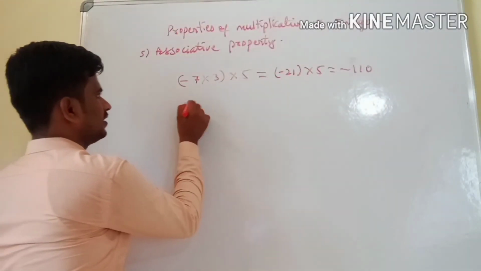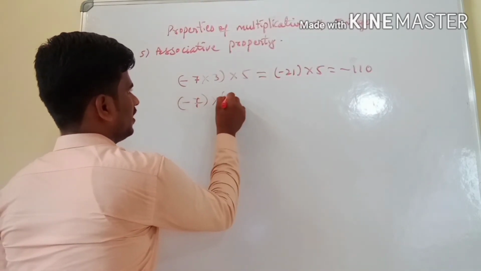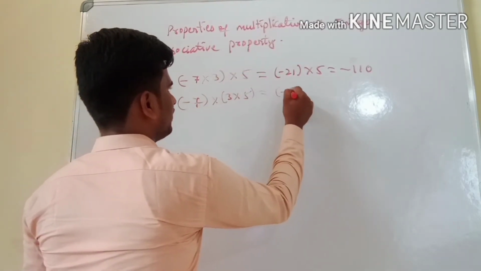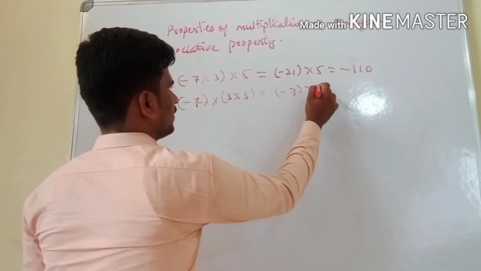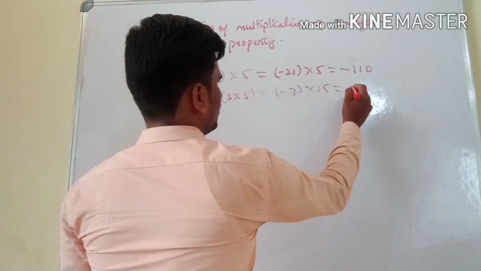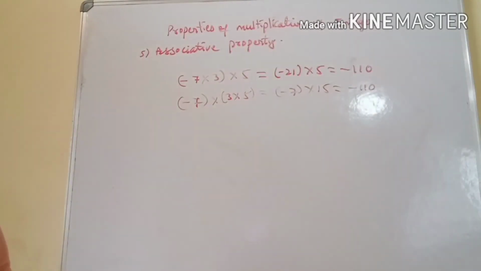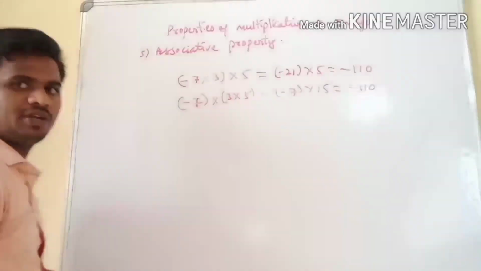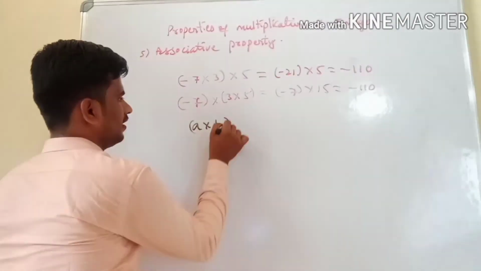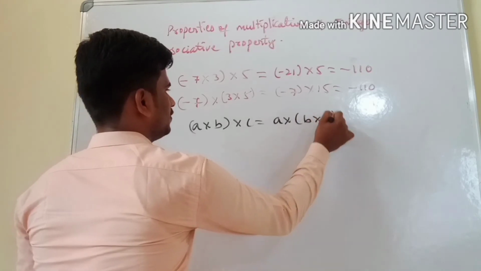Now I will make a separate group this time. Minus 7 I will write separately, and I will multiply 3 into 5. So its value will be minus 7 into 15. So what about the product of minus 7 and 15? Its value is also minus 105. It means grouping of terms does not matter. So in general, how can we write? (a into b) into c is equal to a into (b into c).